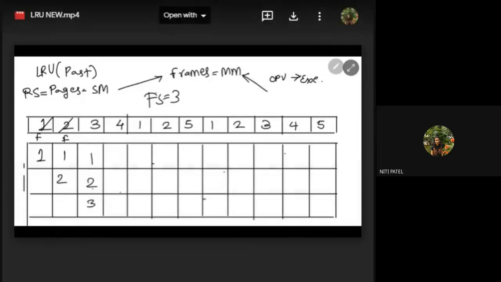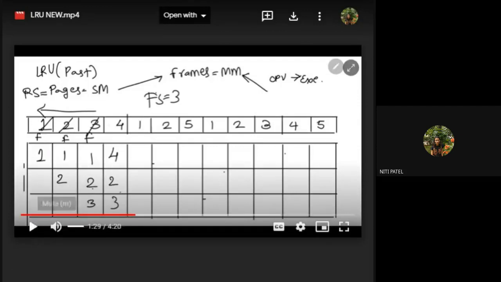1, 2 and 3 with page fault. Now when I want to load 4, what I will do is I will check 3 frames back. Which out of 3, 2 and 1 is least recently used? 3 was just used. Before that 2 was used. 1 is least recently used. So replace 1 with 4. Keep 2 and 3 as it is. Did you understand?